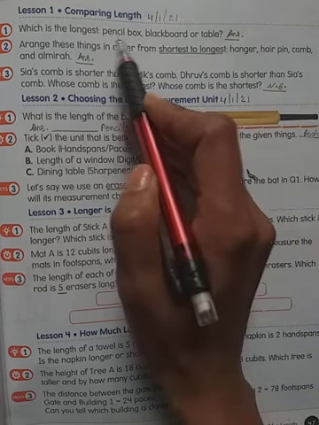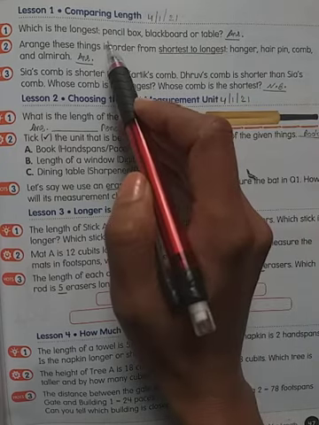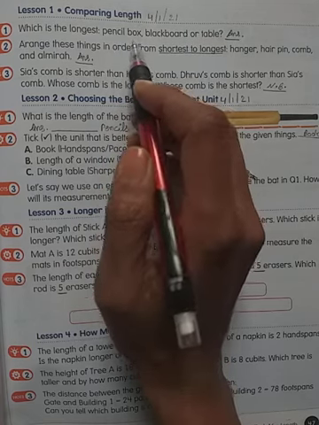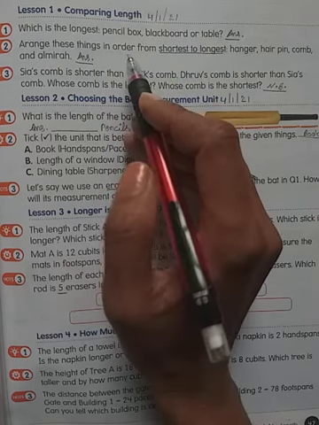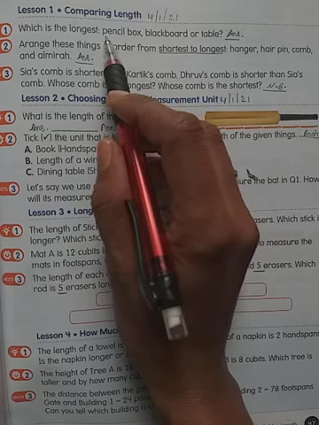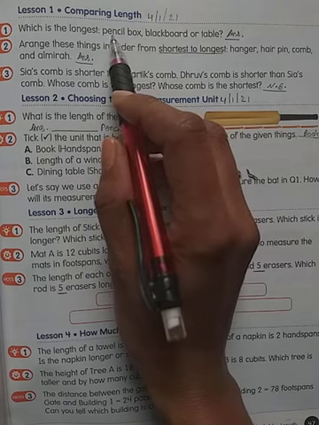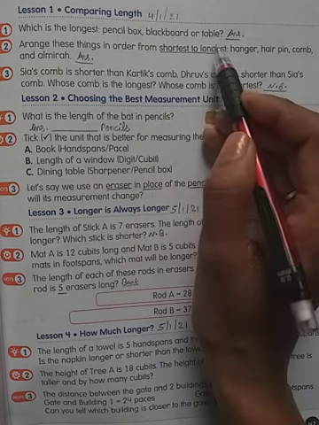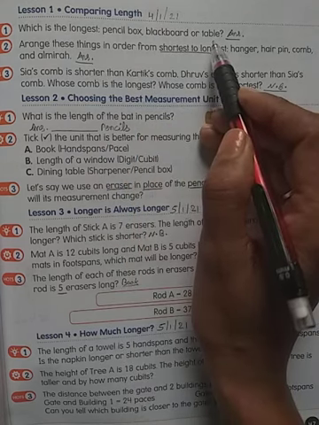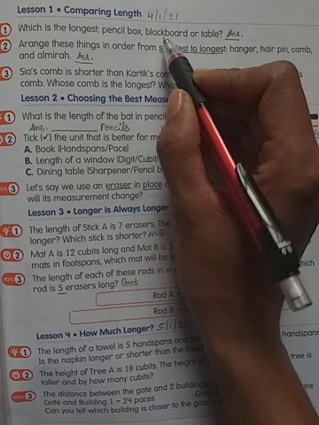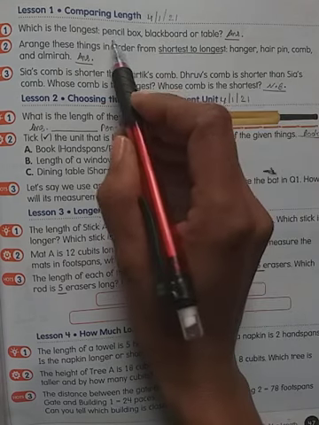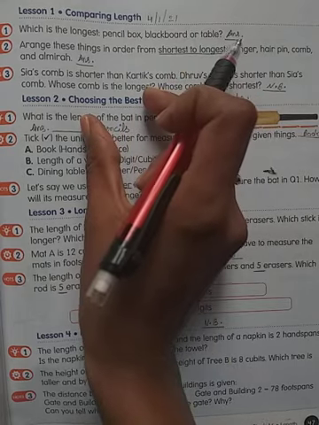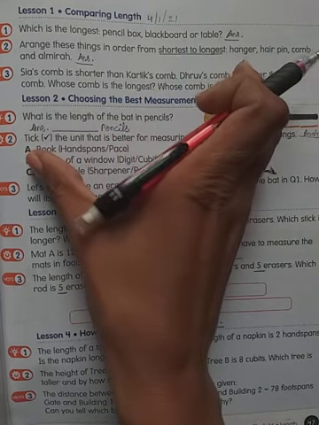So, we already understand comparing length from the previous video. Which one is the greatest length, or longest? Pencil box, blackboard, or table? Yes, blackboard. In different situations, you can have a small box or a big box.